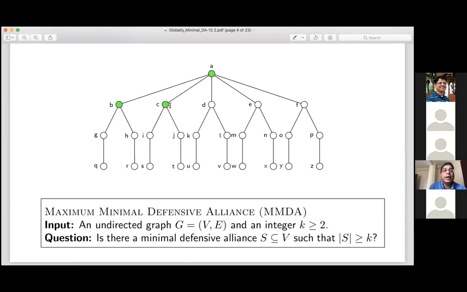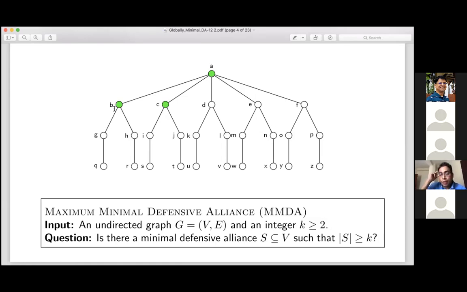And the same thing is true for C also, 2 neighbors inside, 2 outside, 2 inside, 2 outside for B also. So this forms a minimal defensive alliance, because any proper subset of this set is not a defensive alliance, right? Because if you move C from the defensive alliance to outside, then you can see that A and B are no more protected. So any subset is not a defensive alliance.